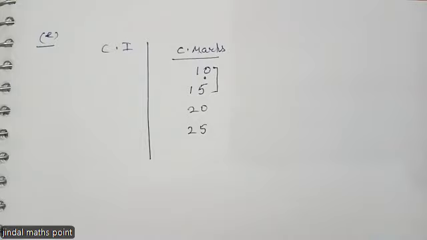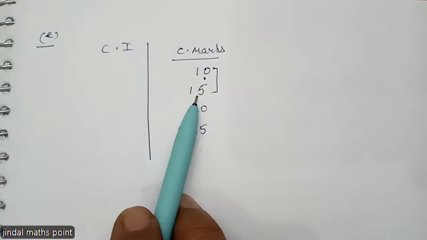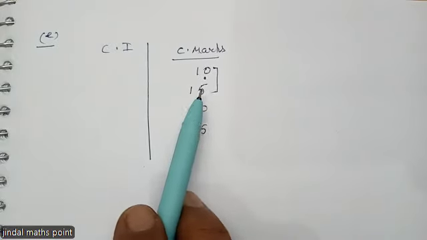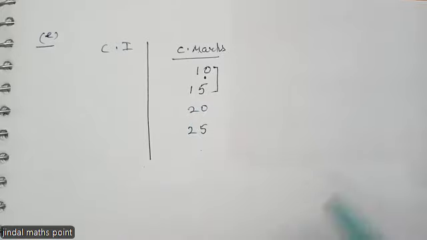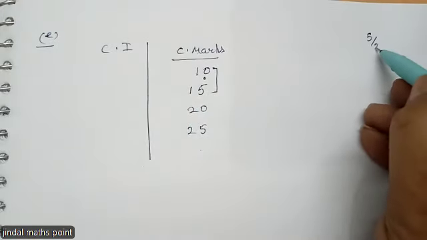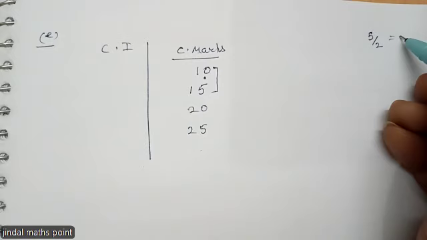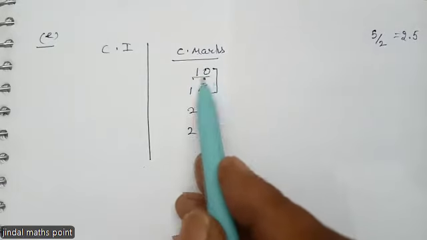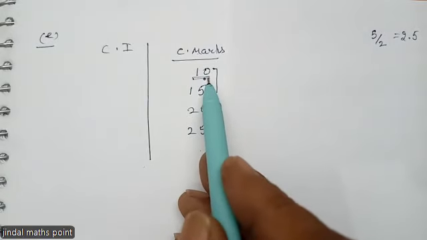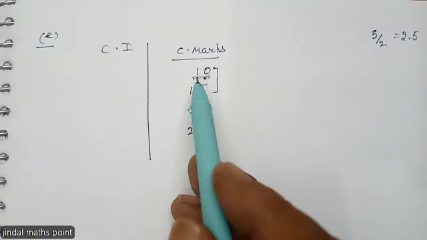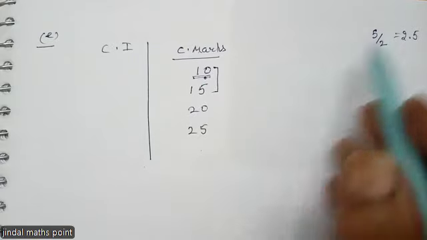How can we find it? What is the difference between these two? 5. What is half of 5? 2.5.